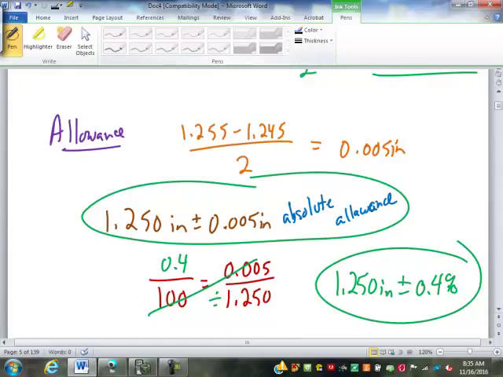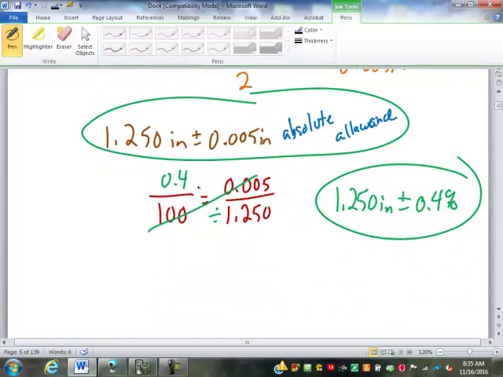Did anybody actually get the 0.4? Any questions on where it comes from? Does it make more sense now? Sort of. All it was finding a percent, so I had to put the percent over 100, so blank over 100 equals my 0.005 over 1.25. Then it's cross multiply and divide to solve the proportion.